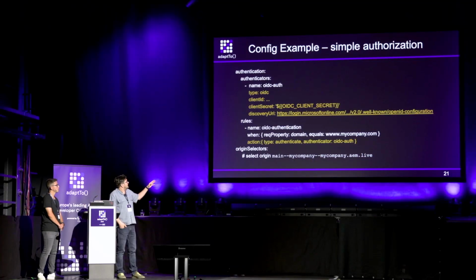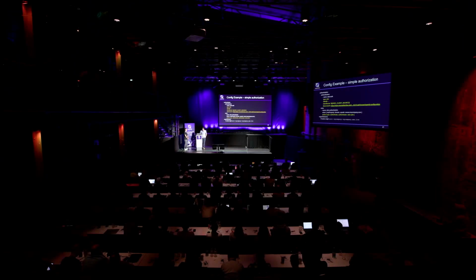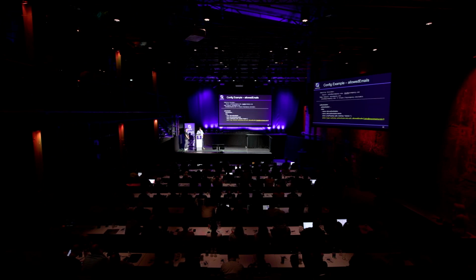And then you select your domain where this would be available and just require to be authenticated. So now with this, you already have a private site that requires authentication and allows everyone that is authenticated to access the resources.